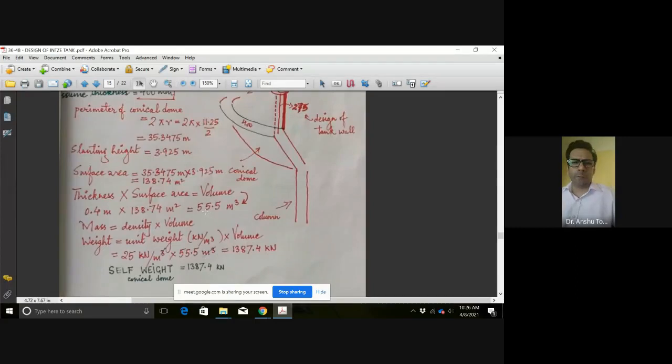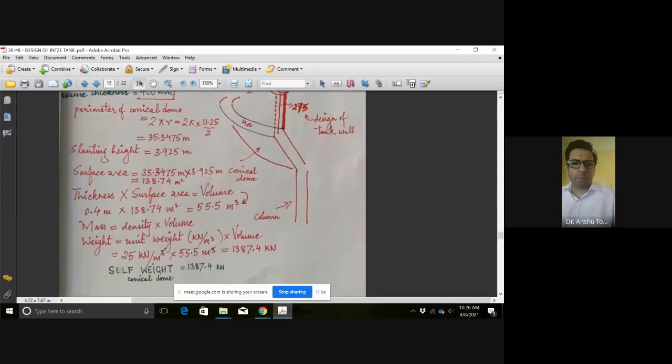So how many of you have found out the value? As I have written here, mass is equal to density into volume. This we all know. Volume we have already found out, 55.5 meter cube, by multiplying the surface area into the thickness.